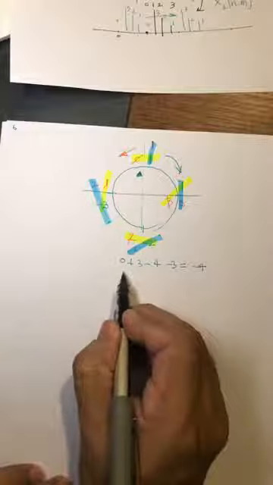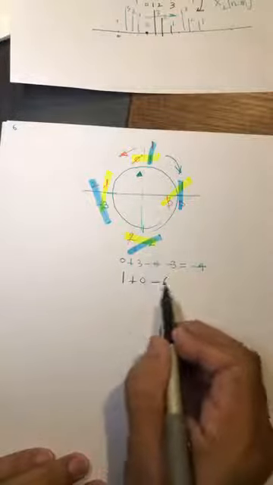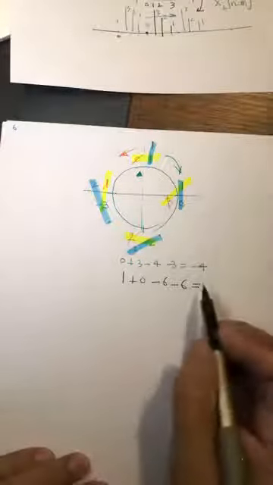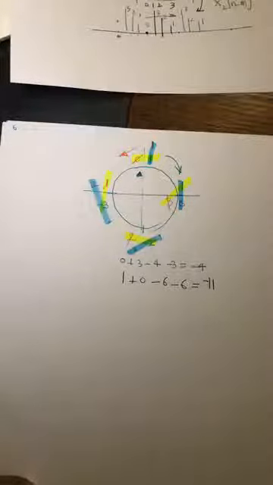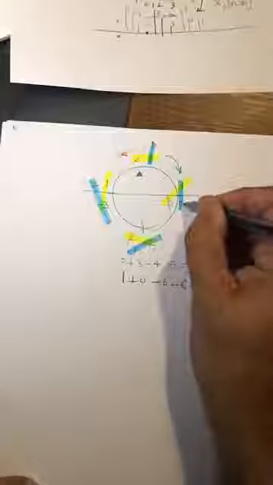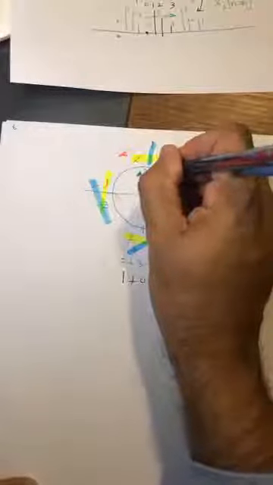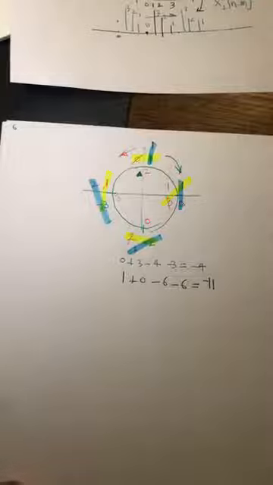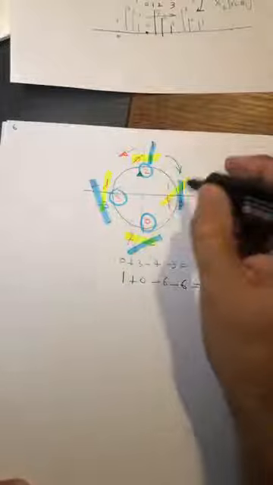So 1 times 1, 1, and 0, 0, and 3 times minus 2 is minus 6, and 2 times minus 3 is minus 6. So minus 12 plus 1 is minus 11. This is your second value. For the third value, again, you are going to shift this. So the 0 will come here, this 3 will go here, the 2 will go here, and 1 will come here. So now you have a 2, a 3, a 0, and a 1.